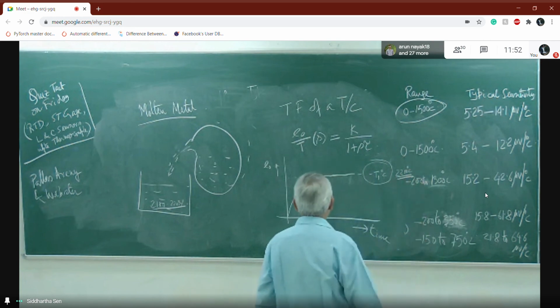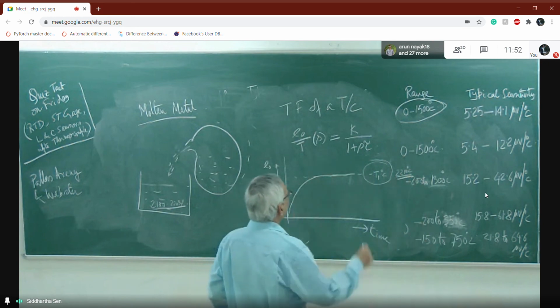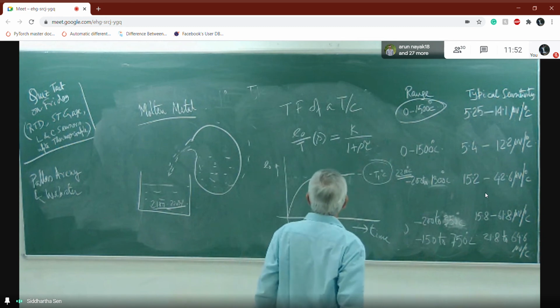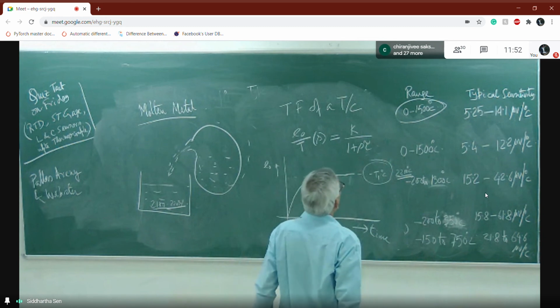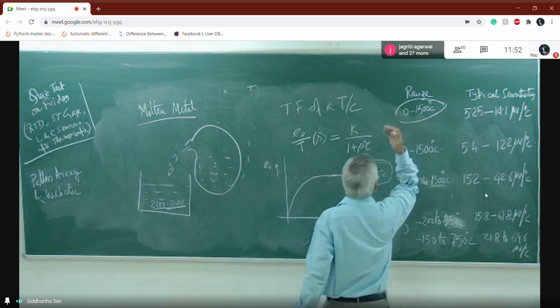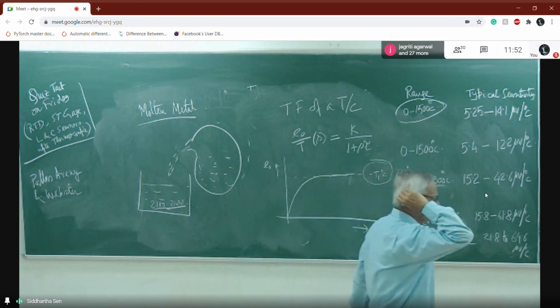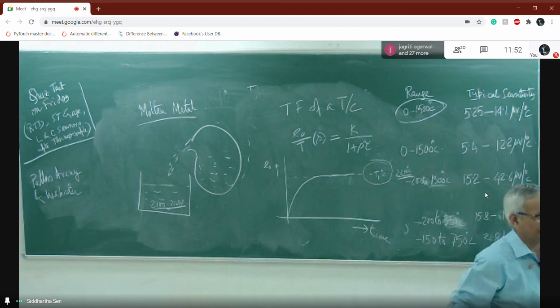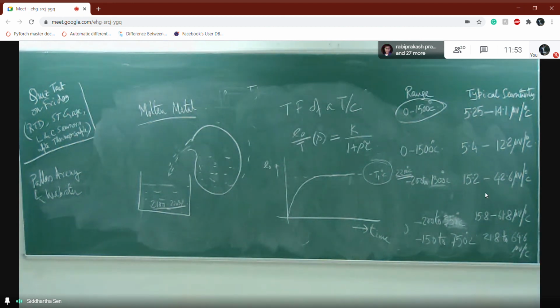I can put a platinum, rhodium here, which is recommended for 1500 degrees Celsius. After that, if it goes higher, it will melt. It cannot withstand that high temperature and will melt.